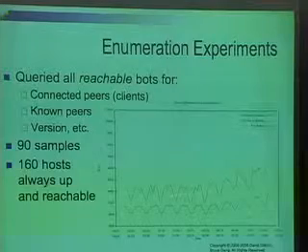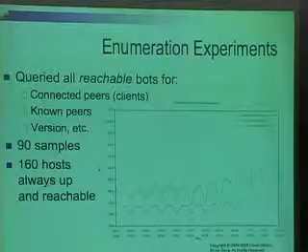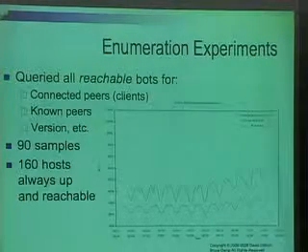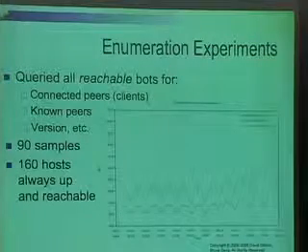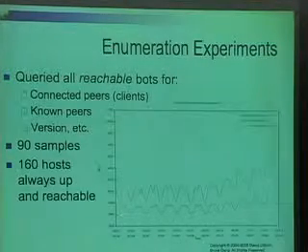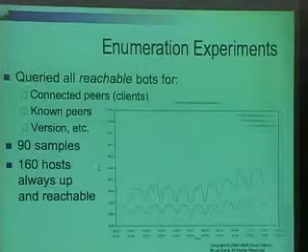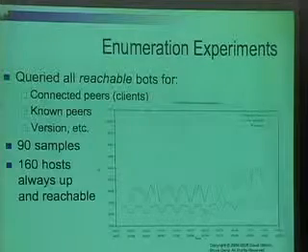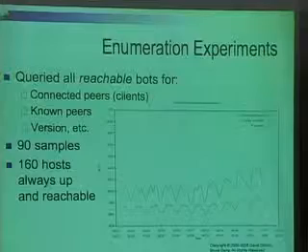This line here represents the set of hosts that are reported to be actively connected to the bots that we're talking to. And then the bottom line is the set of bots that we can talk to. And it starts out at just above 2,000 on average, going up at the end of this week to 2,500 or so on average. So something was going on during this period of time to make the botnet grow, or at least appear to grow. We're not certain about this yet.